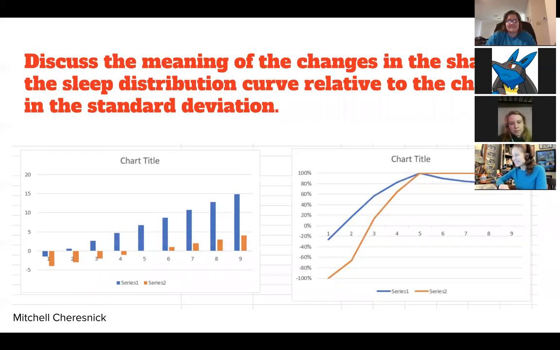Yes, that's right. Discuss the meaning of the changes in the shape of the sleep distribution curve related to the changes in the standard deviation. People who sleep a certain amount fall in the normal curve. Depending on how much you sleep, you could be anywhere on the chart.